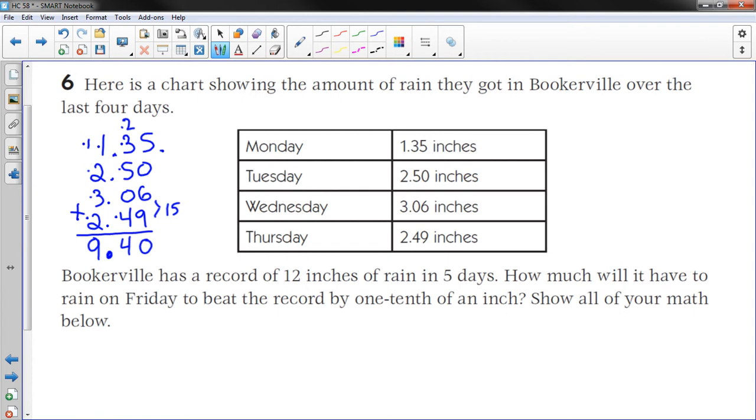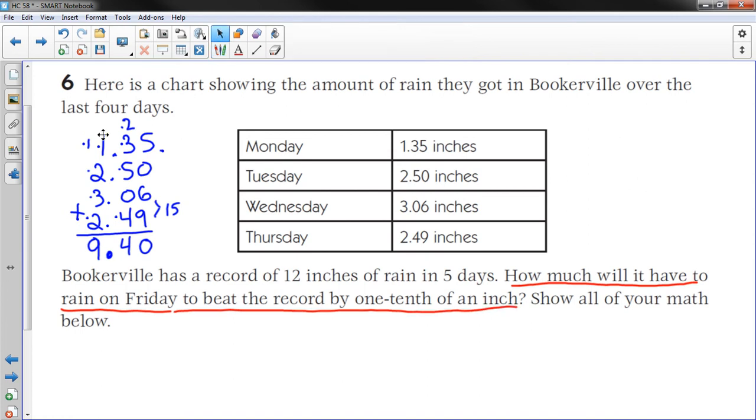But we haven't really answered the question yet. The question says, how much will it have to rain on Friday to beat the record by 1/10 of an inch of rain? So we're not done yet. They had a record of 12 inches in 5 days.